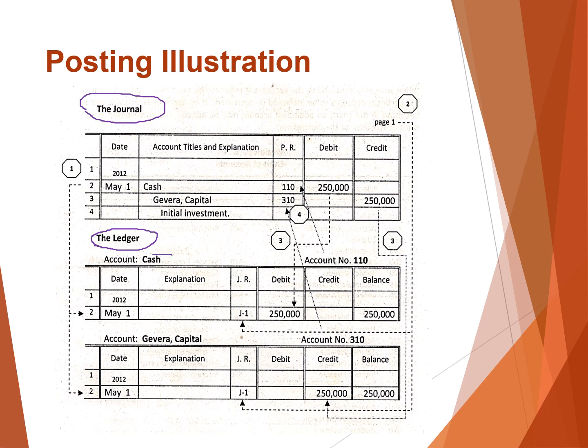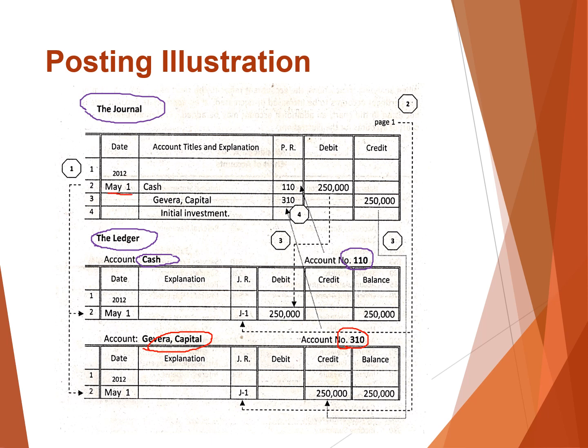Ilalagay mo yung account niya. Ganyan, cash yung account. Tapos, dito sa right side niya, dito mo naman ilalagay yung account number. Katulad dito, capital ito. Ito naman yung account. Okay? Ngayon, ito daw yung transaction.